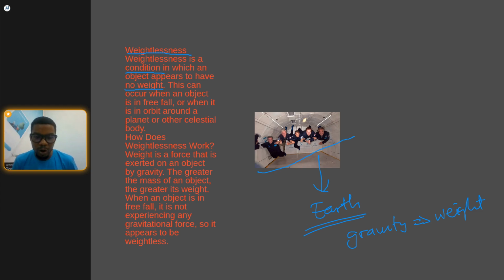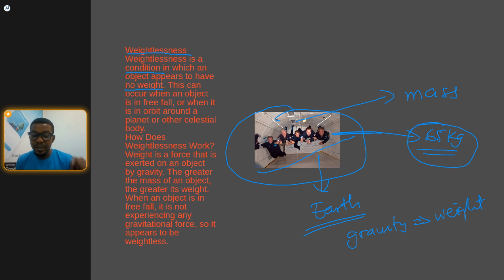Are you getting that? So looking at these people, they have mass. Of course, we are trying to differentiate between weight and mass. These astronauts have their mass. And if peradventure this man here is weighing 65 kg on Earth, if you check his weight even while he's on the moon, he's still the same 65 kg.